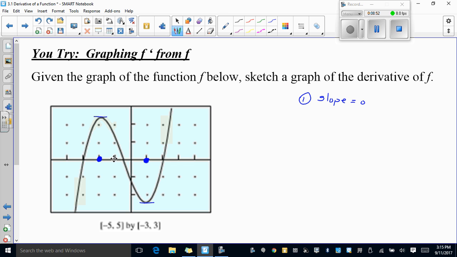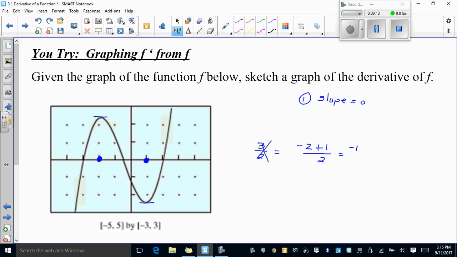But it's not just 3, because this is the negative side and this is the positive side. Okay, so we can't do it that way. How about -2 plus 1 divided by 2? Now we get -1/2.